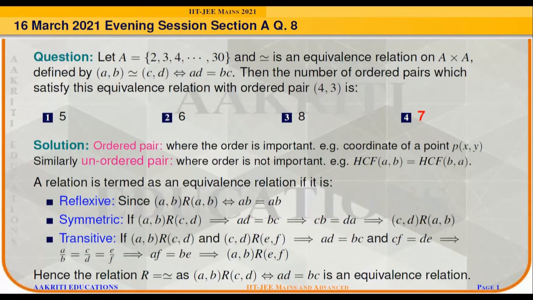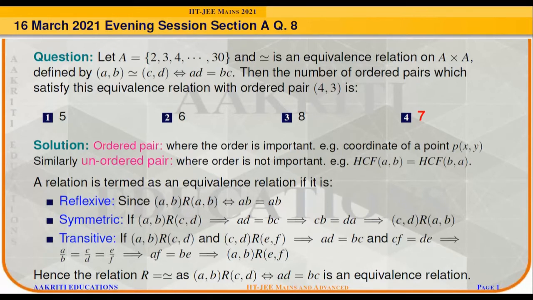Similarly, for a relation to be symmetric, if A comma B is related with C comma D, then it implies AD is equal to BC according to the given definition of relation, which is also equivalent to CB is equal to DA, which implies C comma D is related with A comma B. Hence, this relation is symmetric.